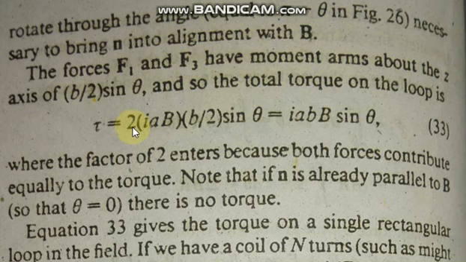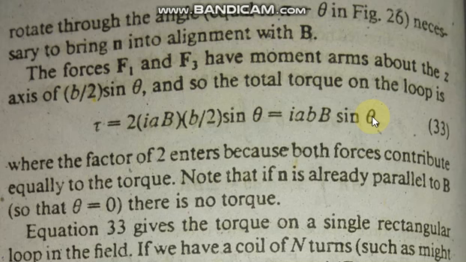This is the total torque, which is the sum of the torque acting on side 1 and side 3. So 2 goes with 2, and we are left with IAB sine of theta. This is the torque acting on a single loop. So for n number of turns, we will write the factor n over here, n IAB sine of theta.